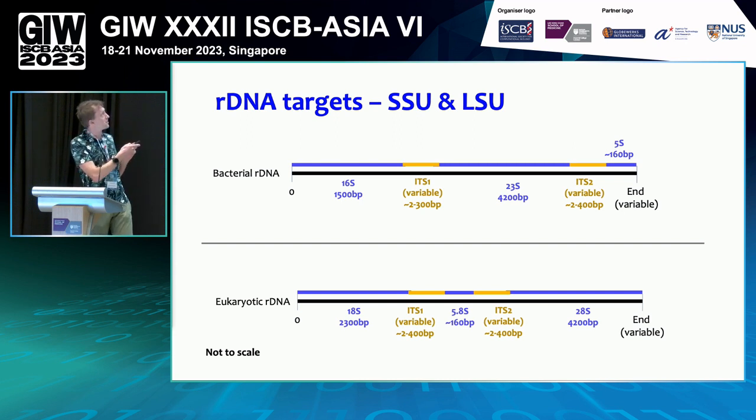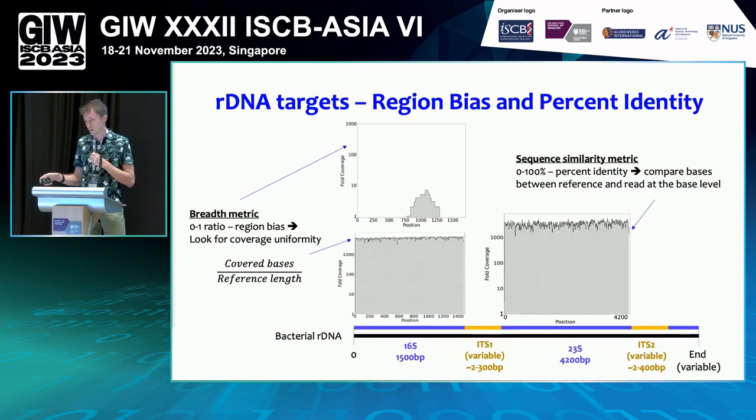And you can see the 16S is relatively smaller than the 23S. And if you wanted to do the same thing with the eukaryotic sequences, you could, but the sizes are different. Okay, so we'll be focusing on the top 2 elements.